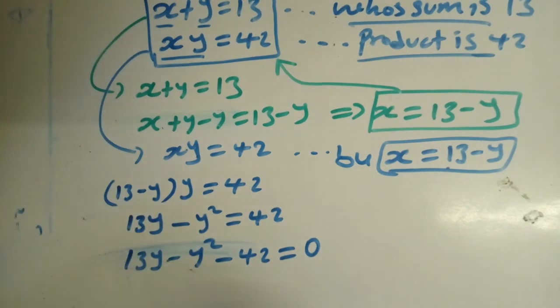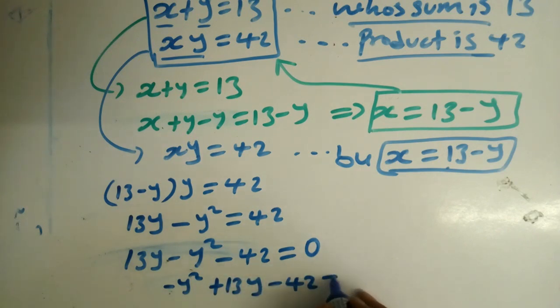Let us rewrite in the general form of the quadratic equation: -y² plus 13y minus 42 is equal to 0.